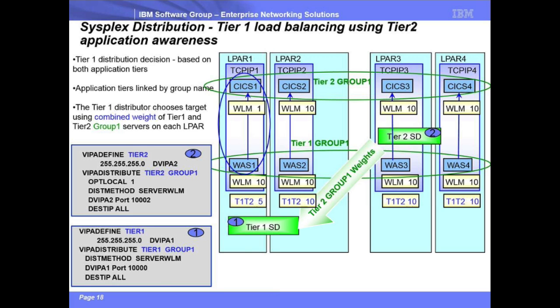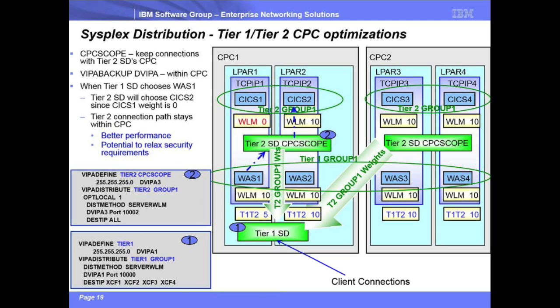Okay, another optimization beyond the desire to keep applications local to a stack is to keep tiered applications local to a CPC or KEC. So if CPC scope is configured, then there are actually two Tier 2 VIPA distribute statements that are used. So in this example, there are 3 distributors involved in distributing connections.